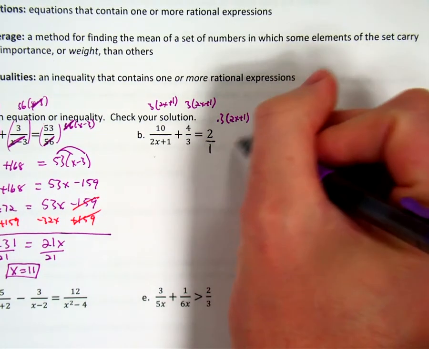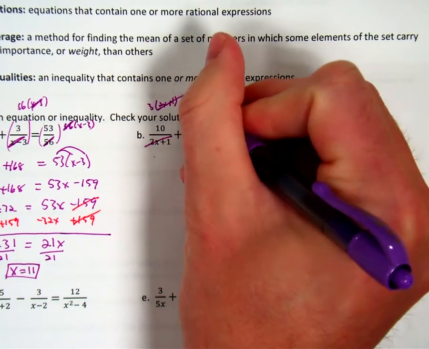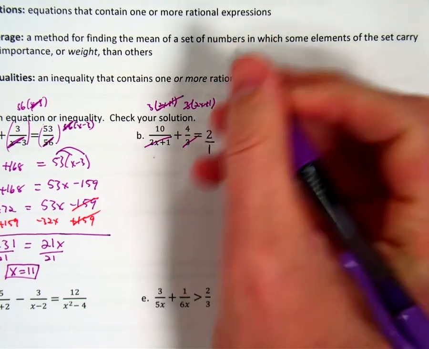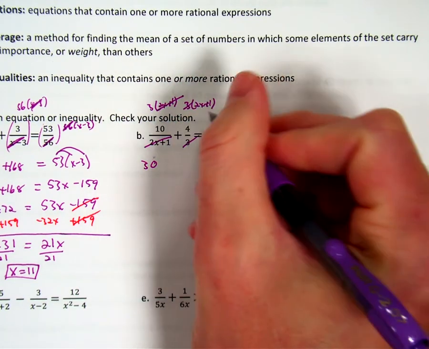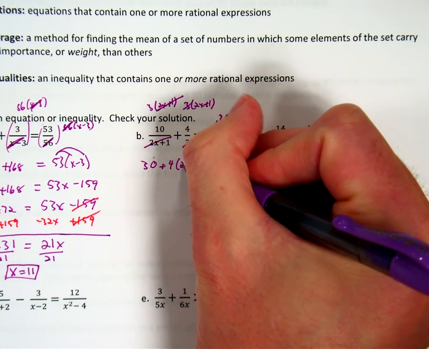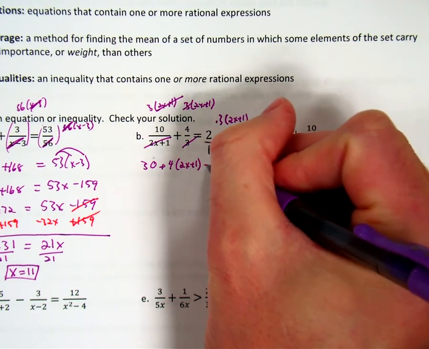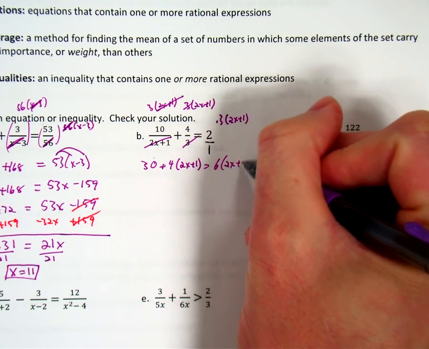Nothing to cancel out over here. 2x plus 1 would cancel out there. The 3 is here. So we have 3 times 10 for 30 in that spot. 4 times 2x plus 1 here. And 6, 2 times 3 is 6. That's as far as we'll take that for now.